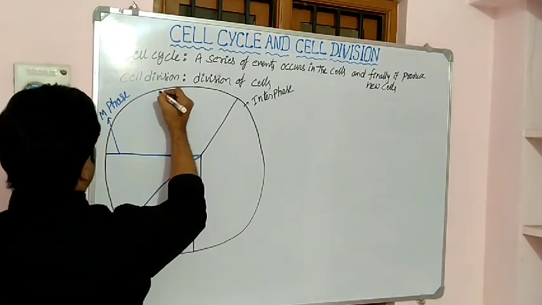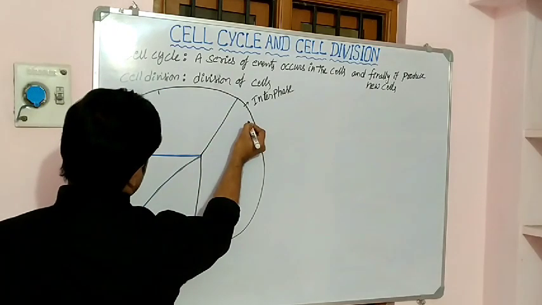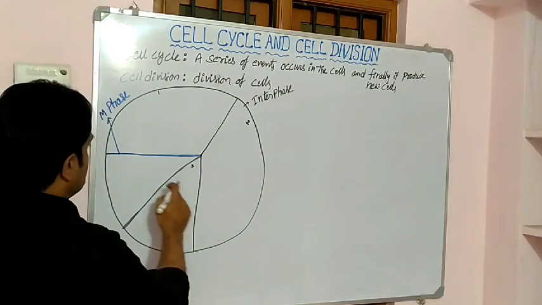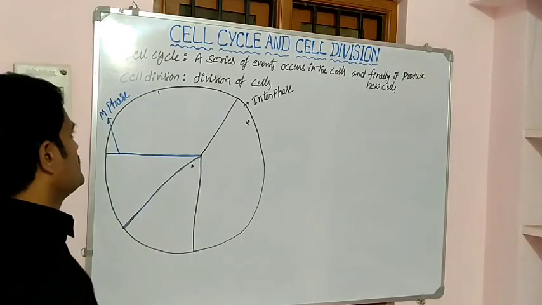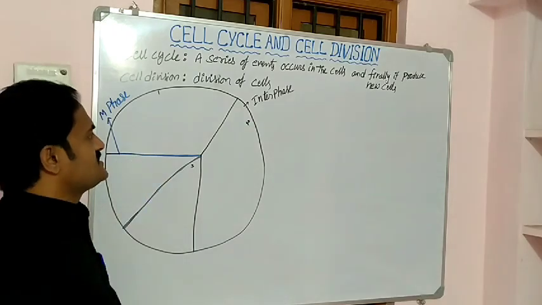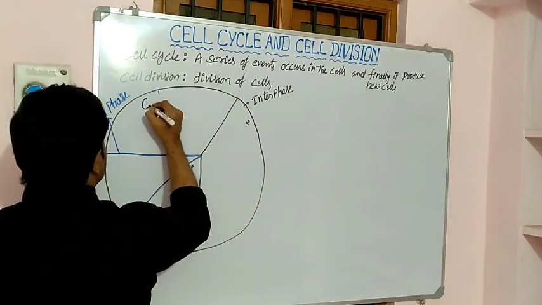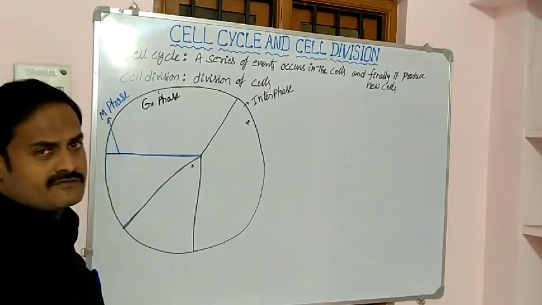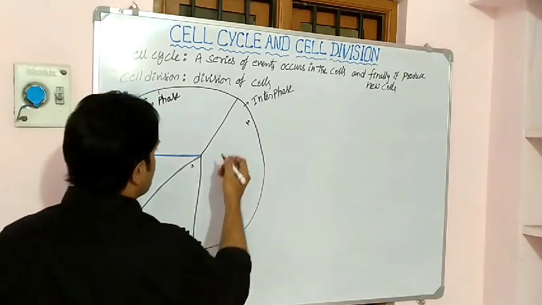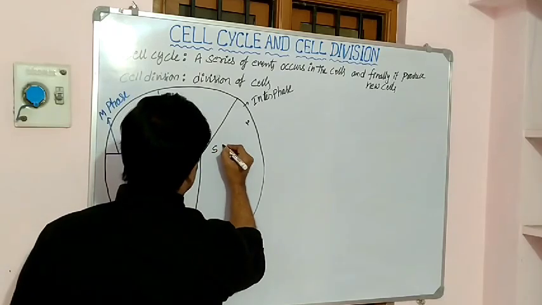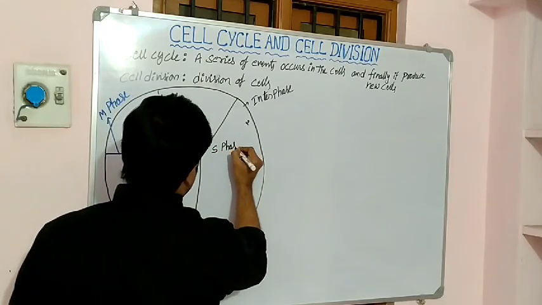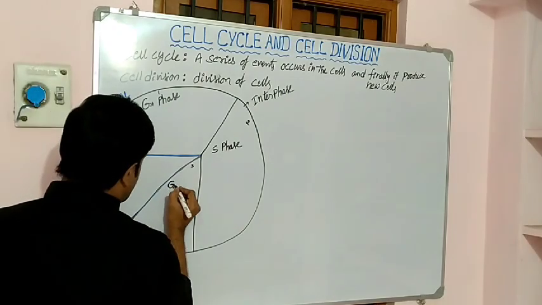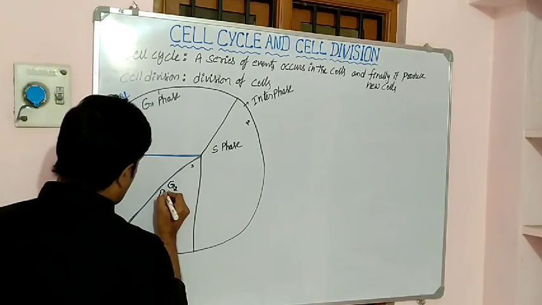The first phase is called G1 phase, the second phase is called S phase, and the third phase is called G2 phase.